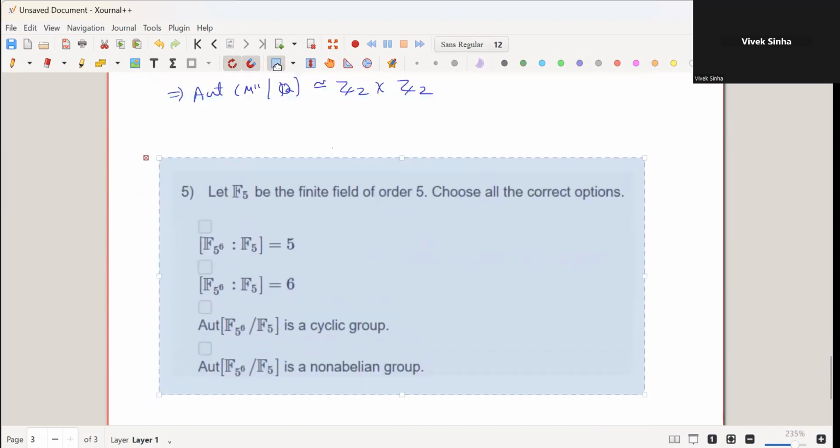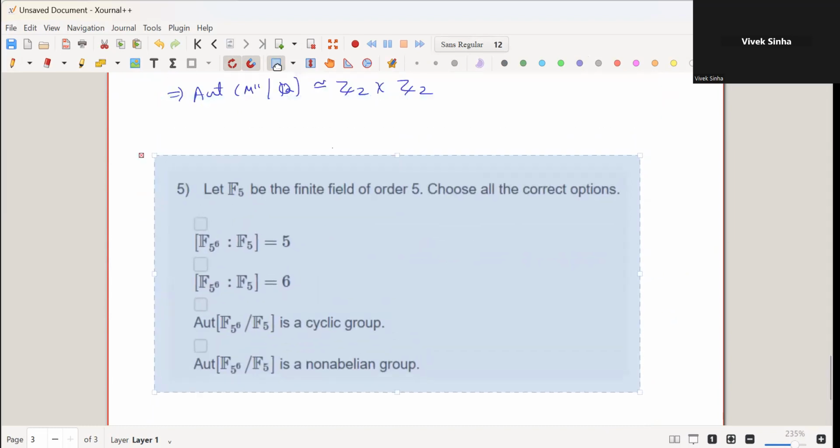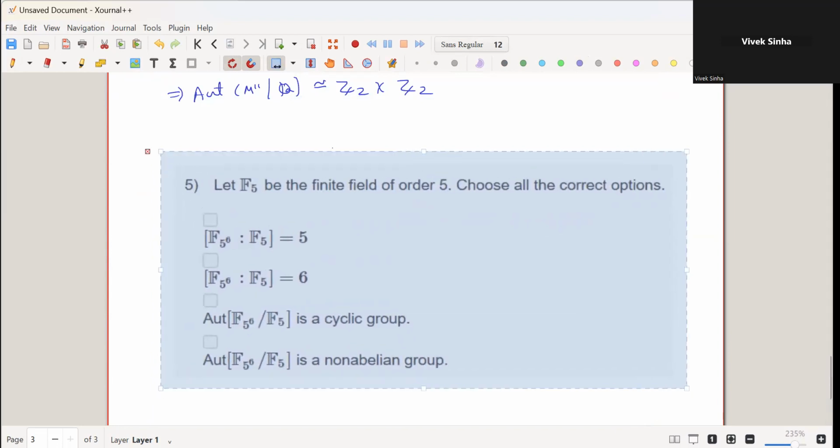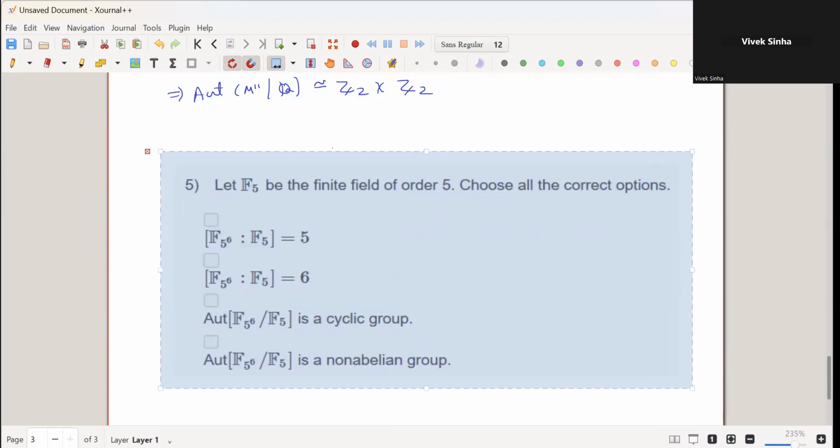So this is question number 5. It says let F5 be the field of order 5. We have to choose the correct options.